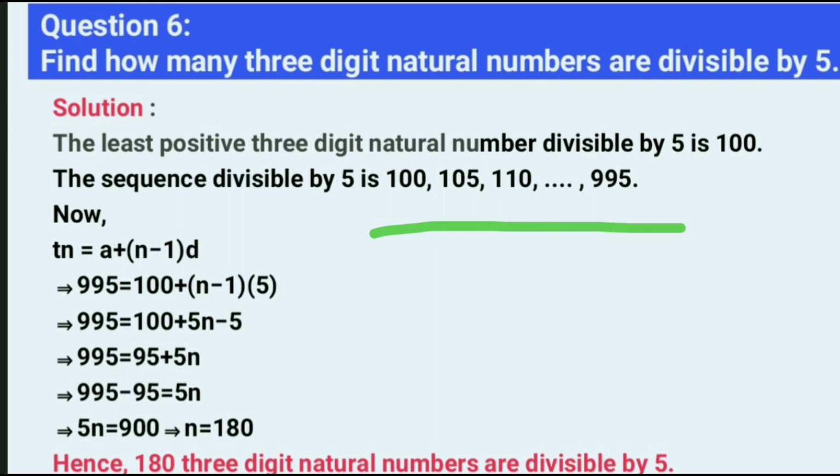Now Tn is equal to A plus n minus 1 into D. So we can write 995 is equal to 100 plus n minus 1 into 5. So 995 is equal to 100 plus 5n minus 5.